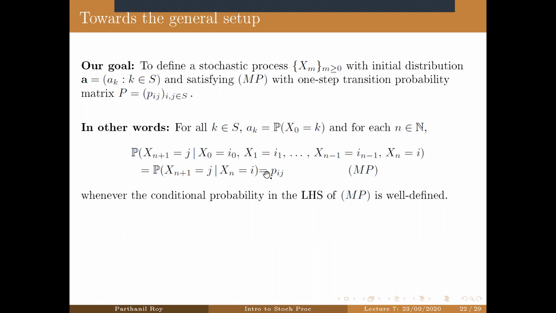And both of them should equal P_ij. So this is essentially the Markov property, and the fact that it doesn't depend on n makes it time homogeneous. And of course, this should hold provided the conditional probabilities are well defined, which is, it's enough to say that the first conditional probability is well defined.